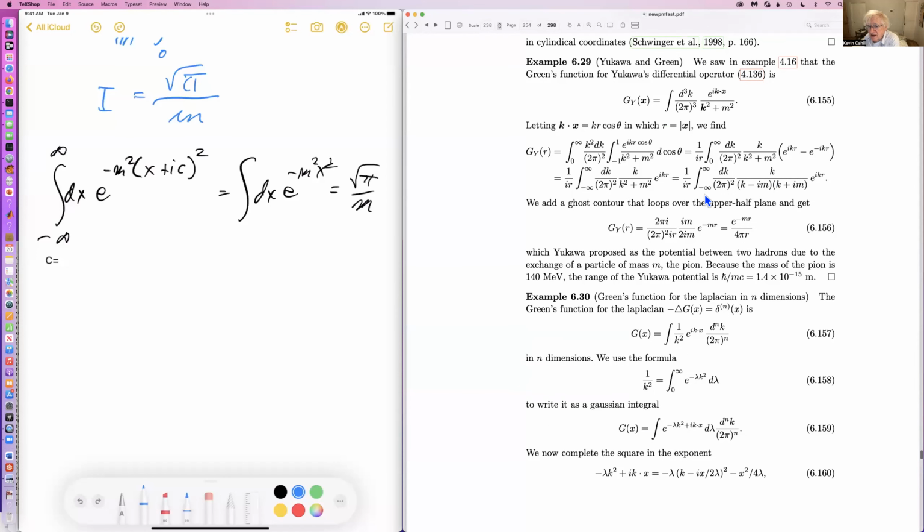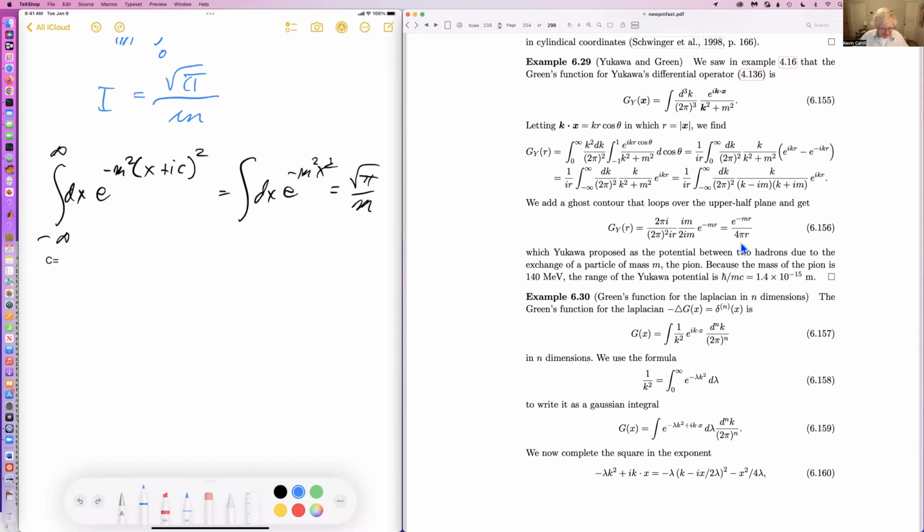And now we can add a ghost contour that loops over the upper half plane, r being positive, and bingo, we get the answer, which is the Yukawa potential, e to the minus mr over 4 pi r.